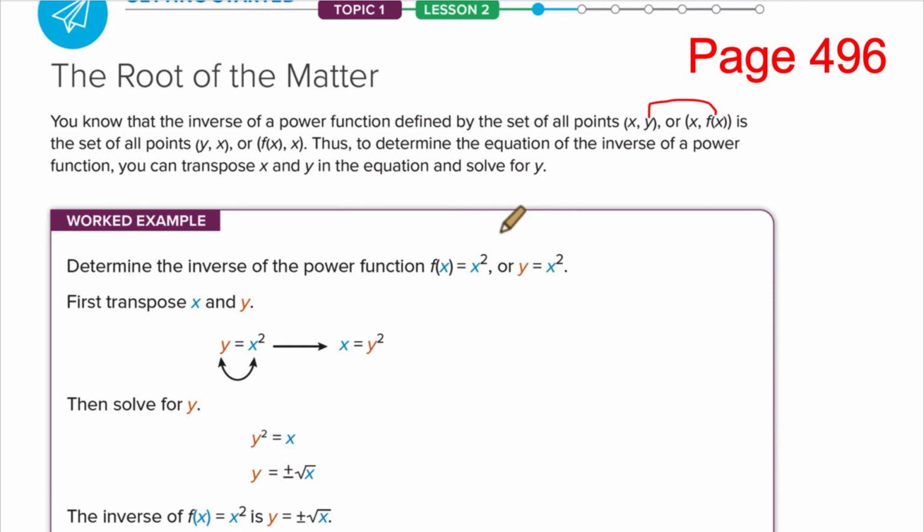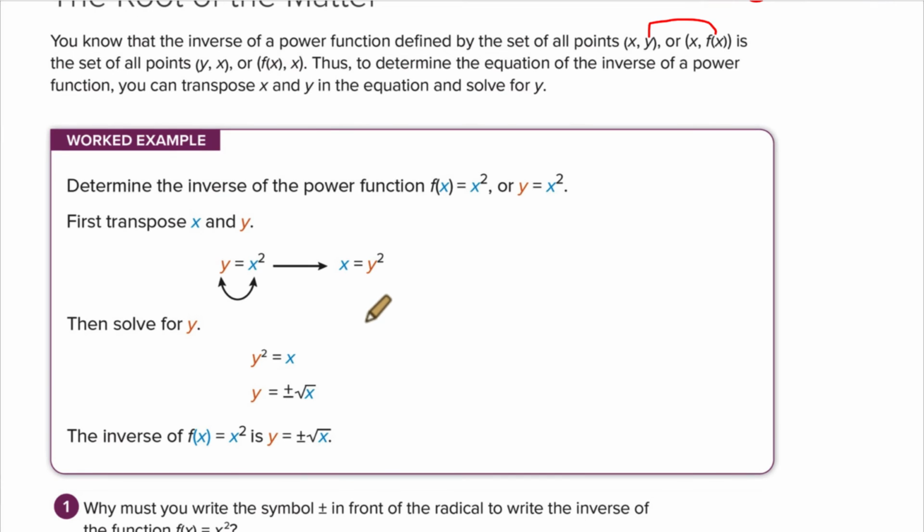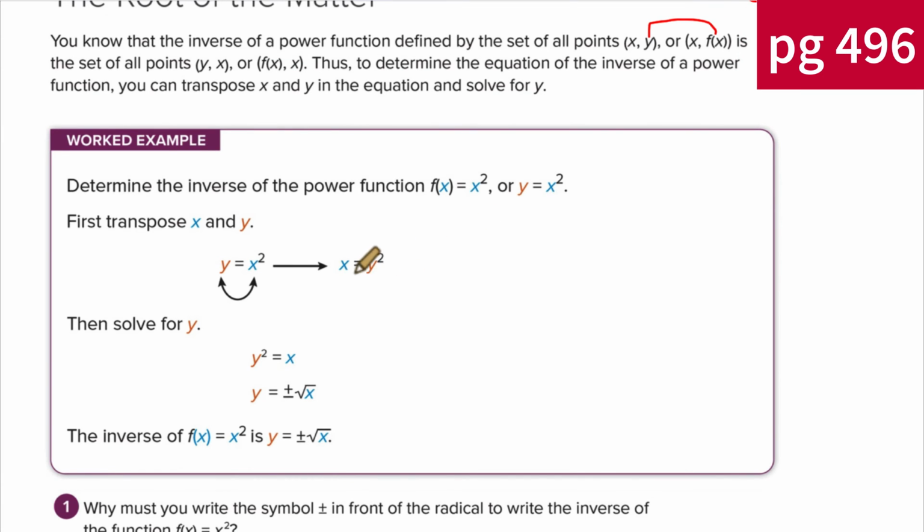So in order to come up with an equation, okay, if we want to write the equation of the inverse, then we're going to do something very similar. We're going to switch x and y, but then we have to solve for y and get y all by itself because, as you know, we graph y based on x, which is the input. So here is the example that is in your book, f of x equals x squared, or y equals x squared.